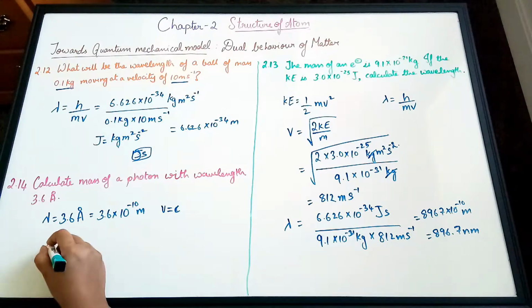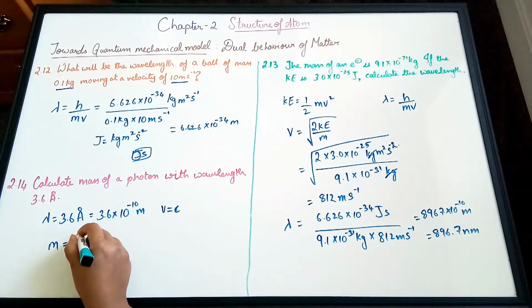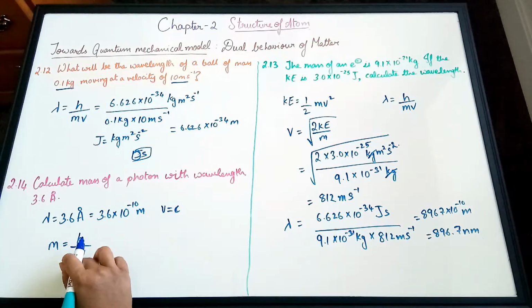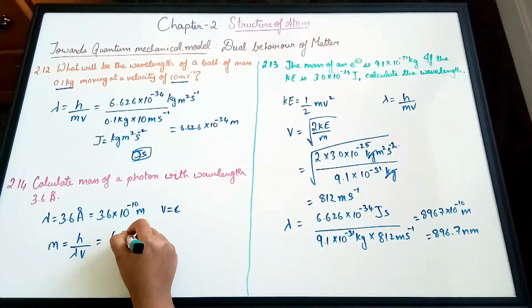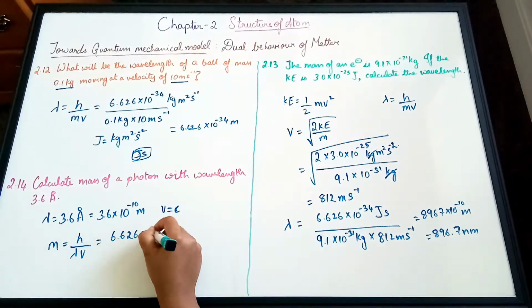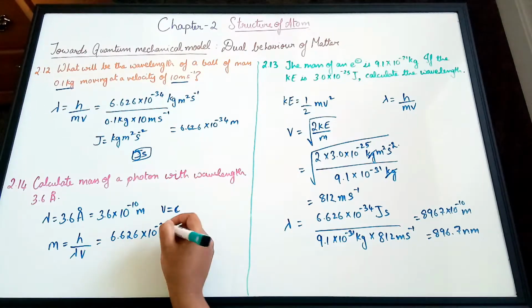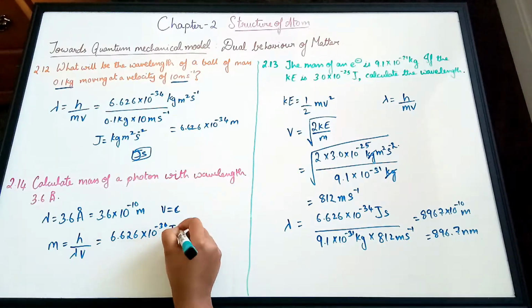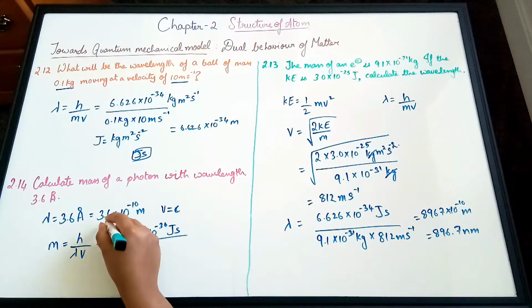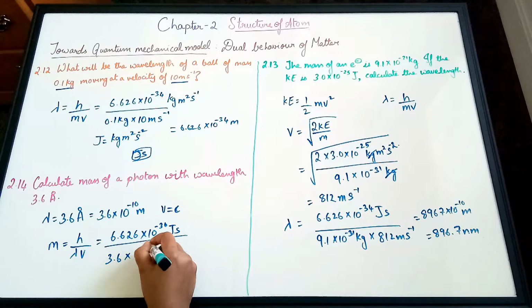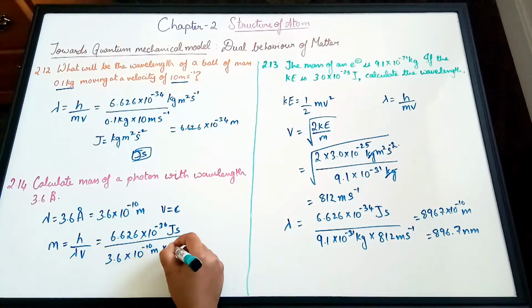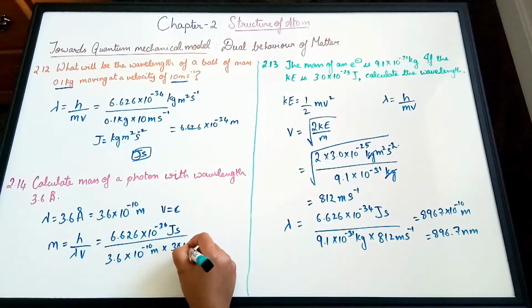So m equals h by lambda into v, and we know v equals c, so we substitute the values. 6.626 into 10 to the power minus 34 joules second divided by 3.6 into 10 to the power minus 10 meters into 3 into 10 to the power 8 meters per second.